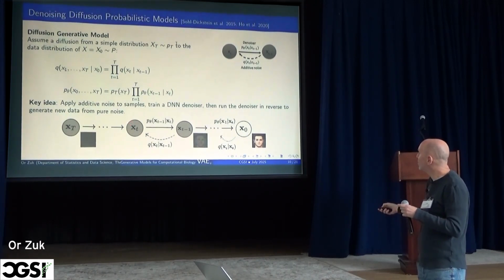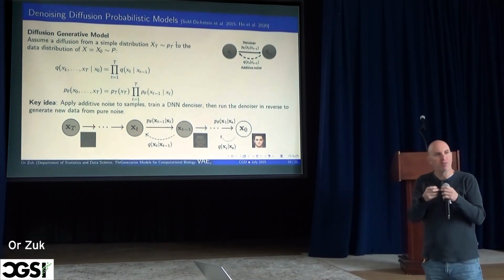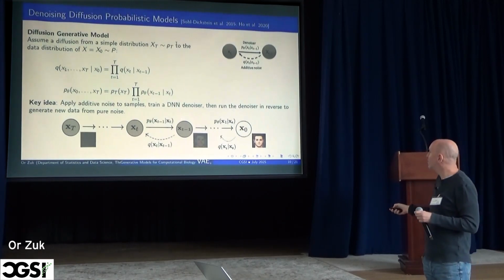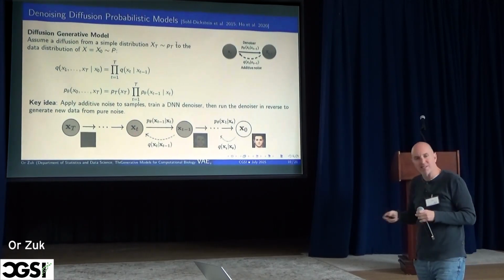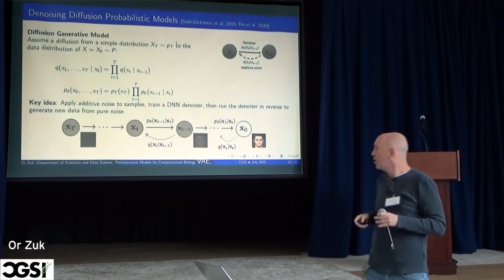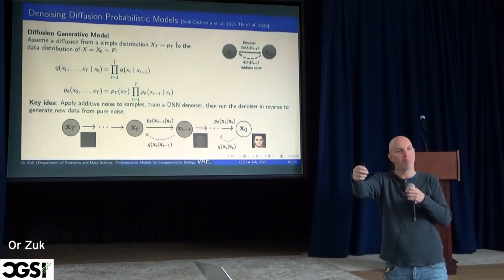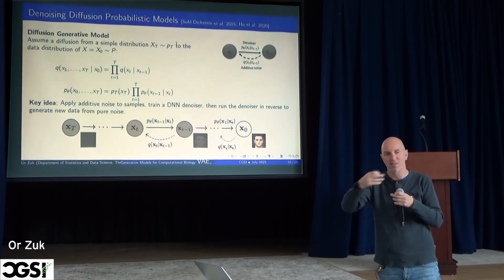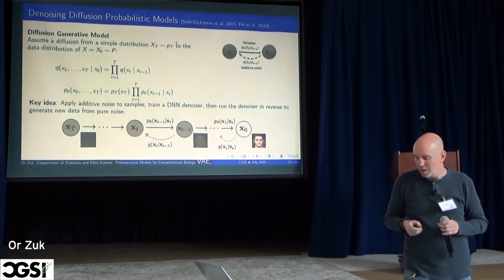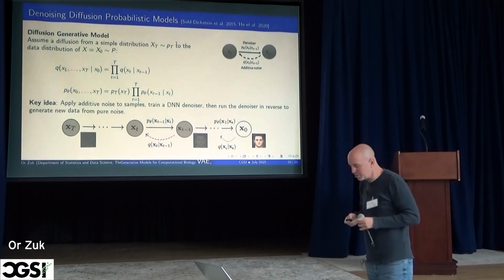Once you have that xt given xt minus 1 has a Gaussian distribution, if the variance is small enough, it's also correct that xt minus 1 given xt has an approximate normal distribution. Whereas in a variational autoencoder, we do one giant step, and then the approximation is not as good. So that's the advantage of diffusion models, and that's why they are so interesting and popular.